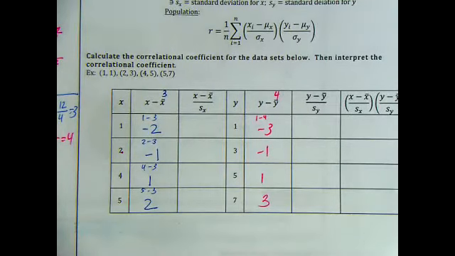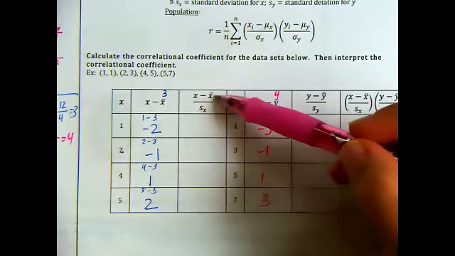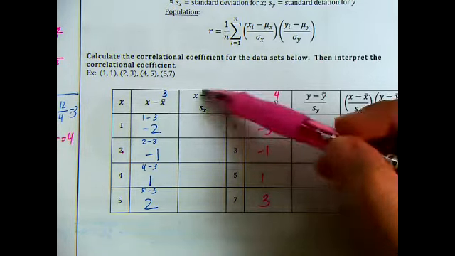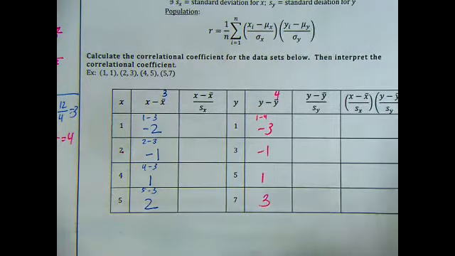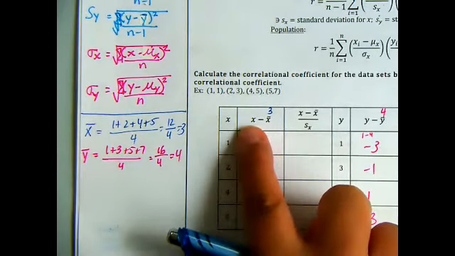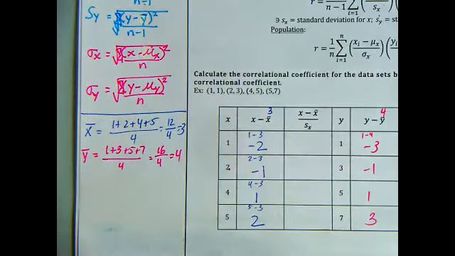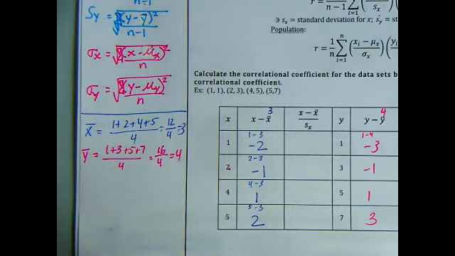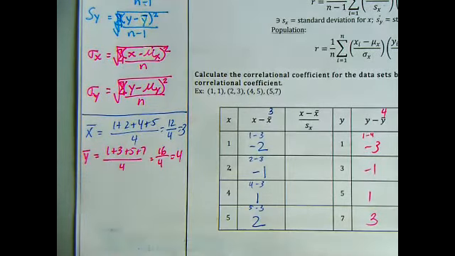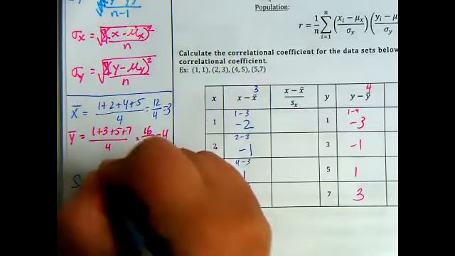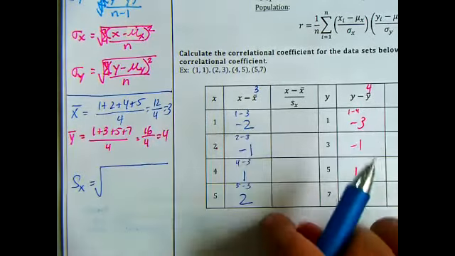We're just subtracting. Okay. Now for the next one, we need to divide by the standard deviation. So now I need to know what the standard deviation for x is and the standard deviation for y is. Well, our standard deviations use these values where we have the data minus the mean. That's part of the equation up here. So when we do our standard deviation, I'm going to do my S sub x here. I already have my values subtracted.